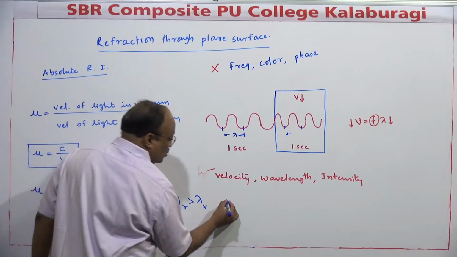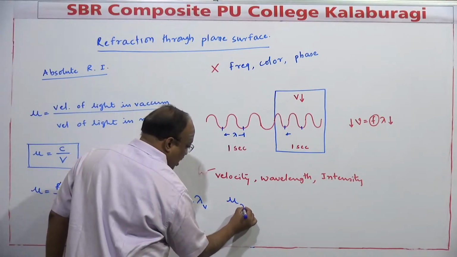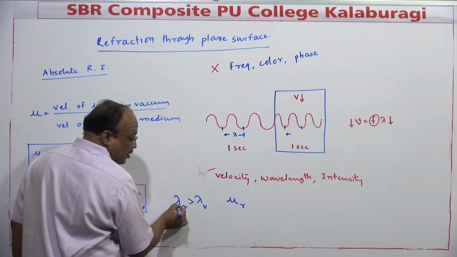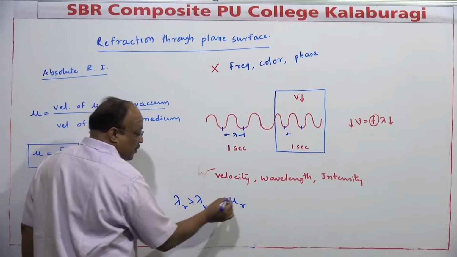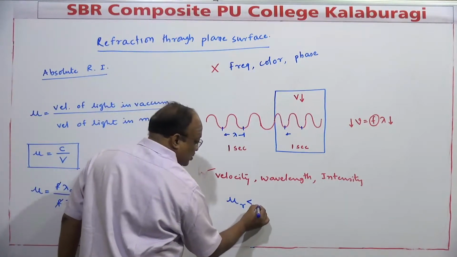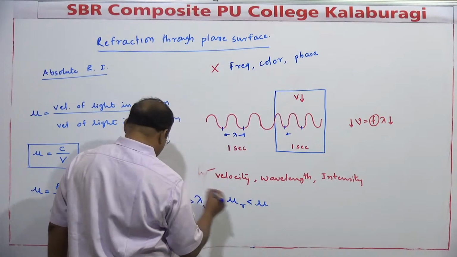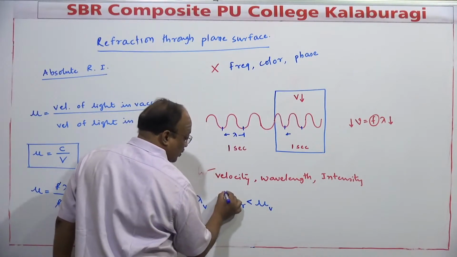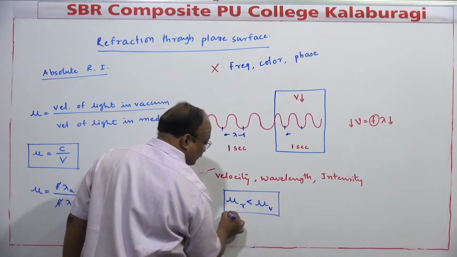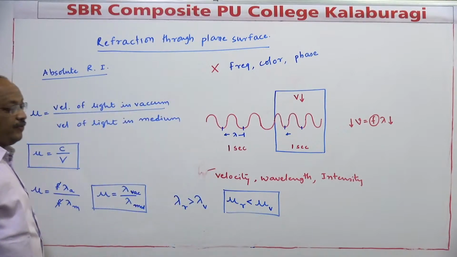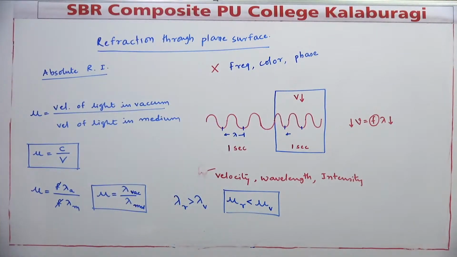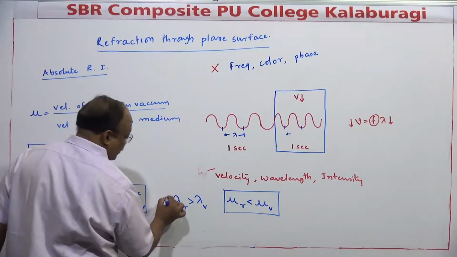Therefore, lambda r is greater than lambda b, whereas mu r is less. The refractive index for red is less than the refractive index for violet because of this.